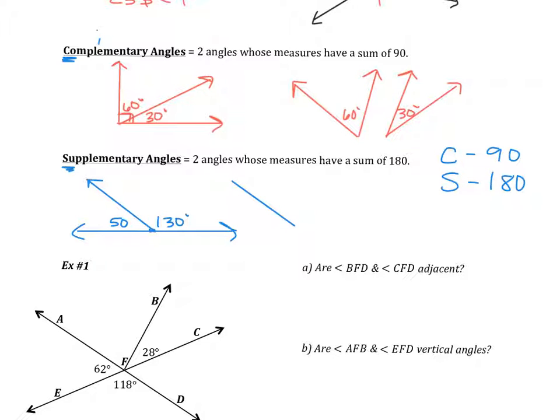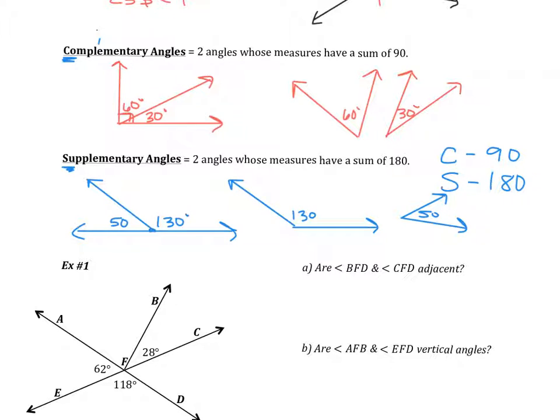Same would be true, however, if I gave you, say this one's 130, and this one's 50. It's an itty bitty 50. So supplementary, whether they are adjacent or not. Any questions on that so far?